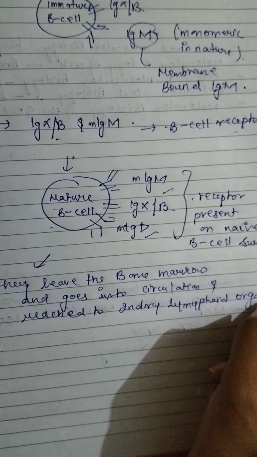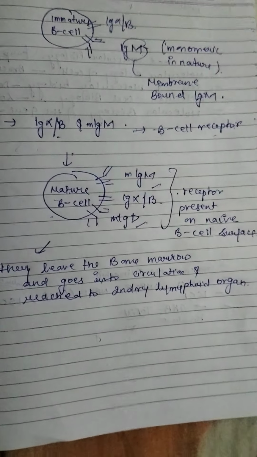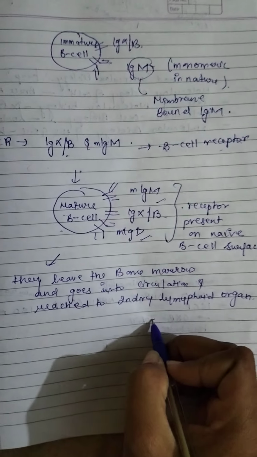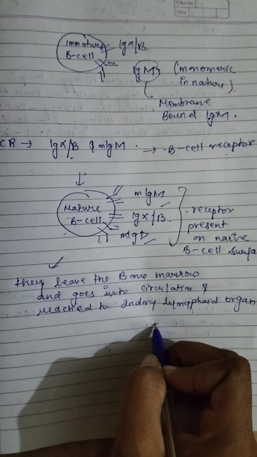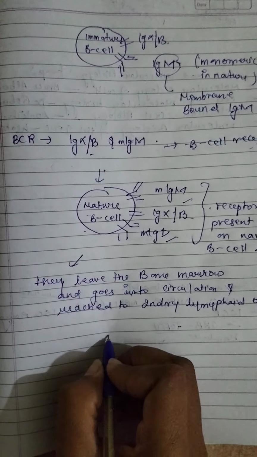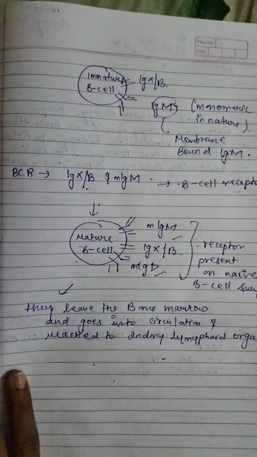These secondary lymphoid organs are lymph nodes, spleen. Further, they reach the secondary lymphoid organ, the lymph node.